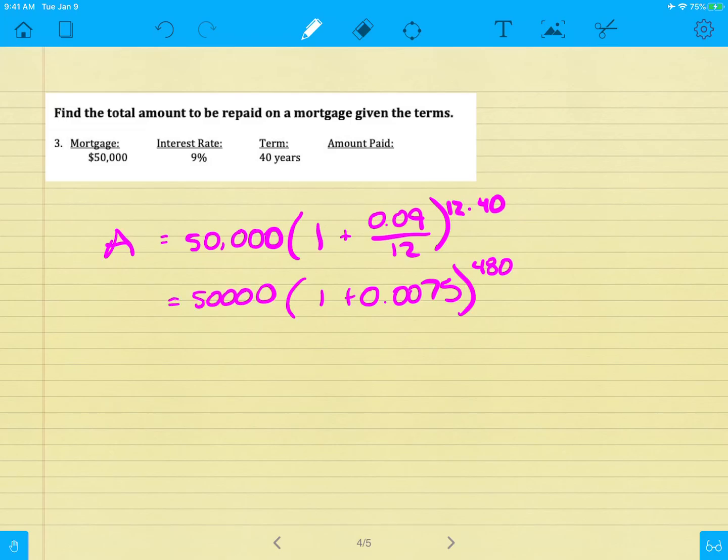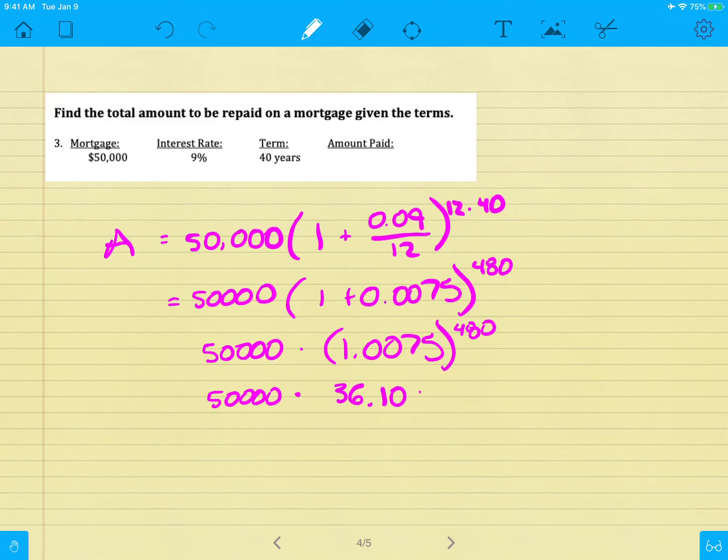Okay, so 1.0075 all to the 480th power. This ends up being, if I did this right, this number in the back is 36.109902.